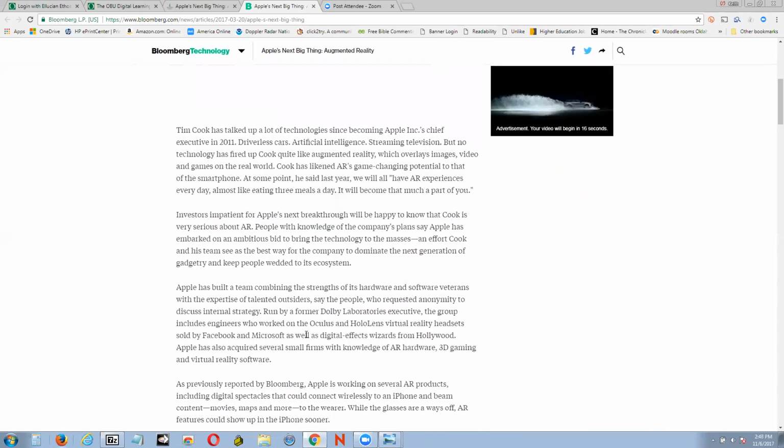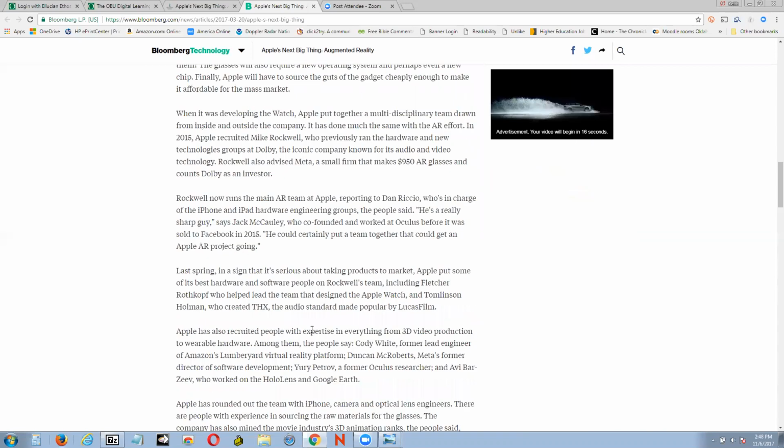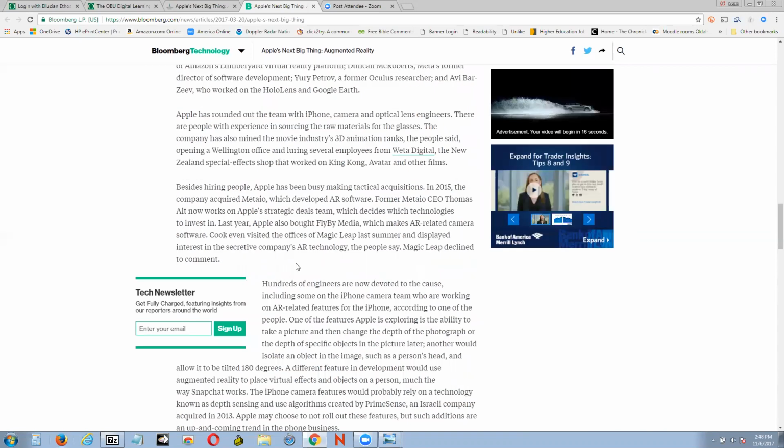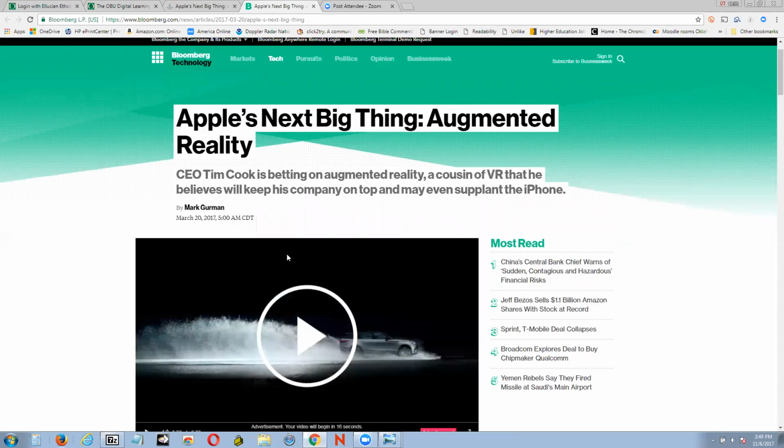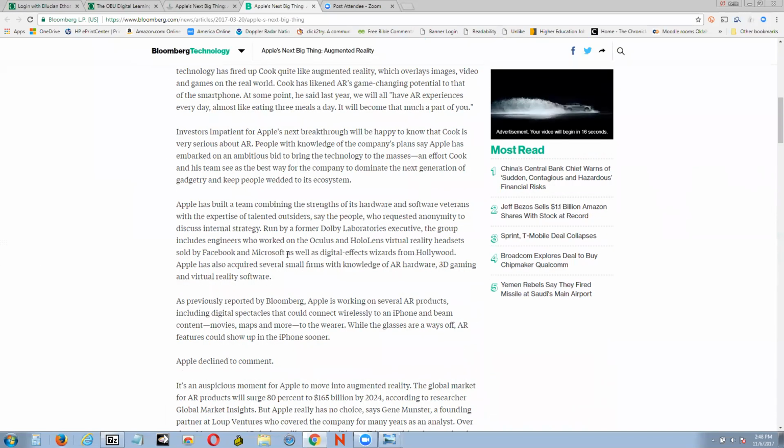That's a good example of augmented reality. It's just improving... a really simplistic one would be things that improve driving visual acuity.